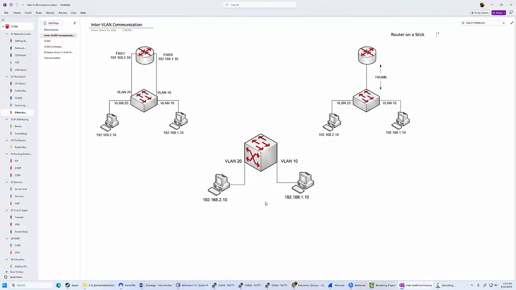I'm going to set up a scenario where on a single switch we will be able to communicate between VLANs, meaning we're going to have to bridge some stuff in VMware, which I haven't done in a while, so I'm going to have to refresh my memory. And we're going to do something like this, right here.